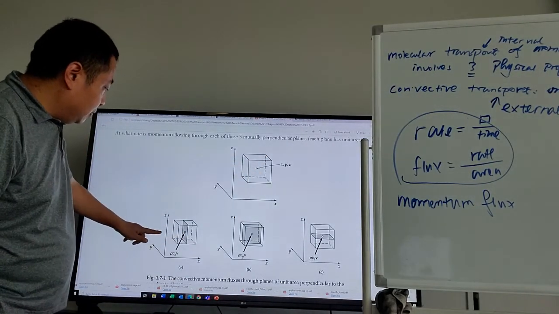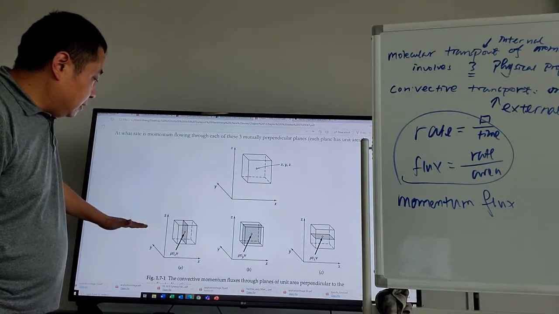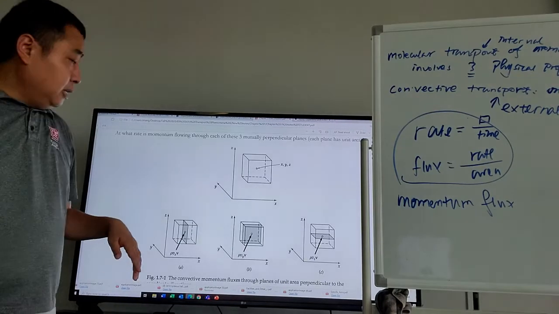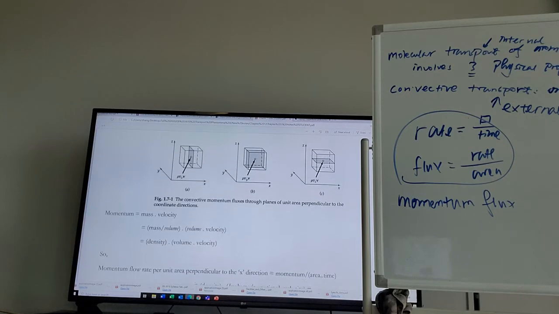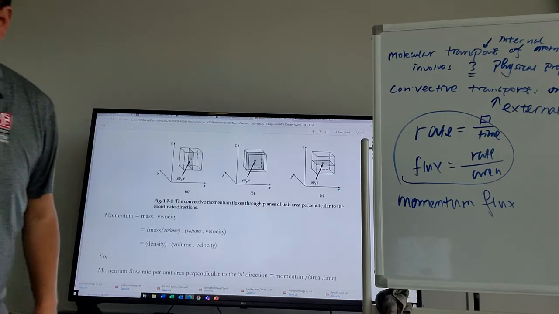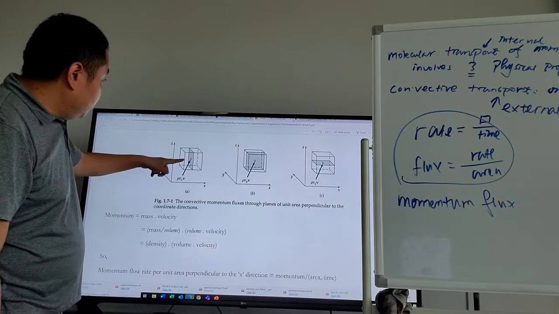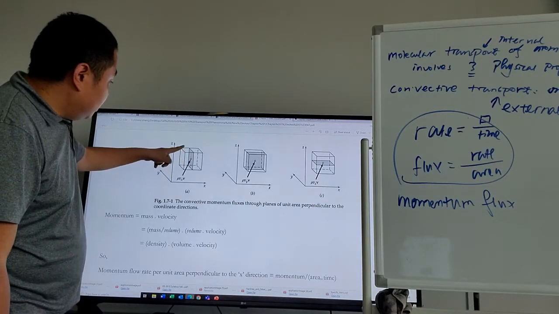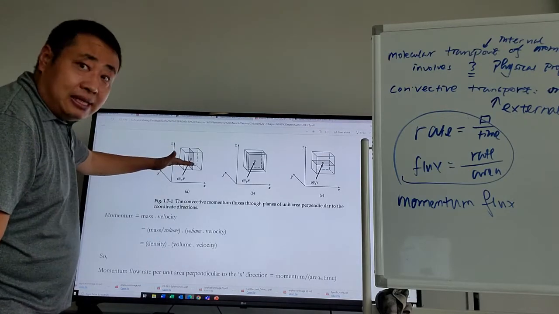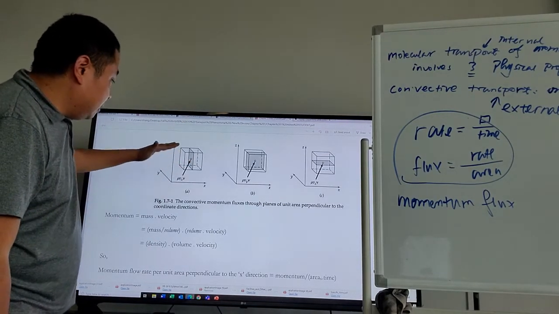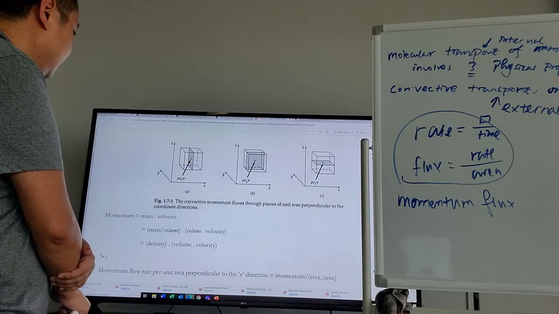We are talking about the momentum flux, which is related to the area, and this area is perpendicular to the x direction.